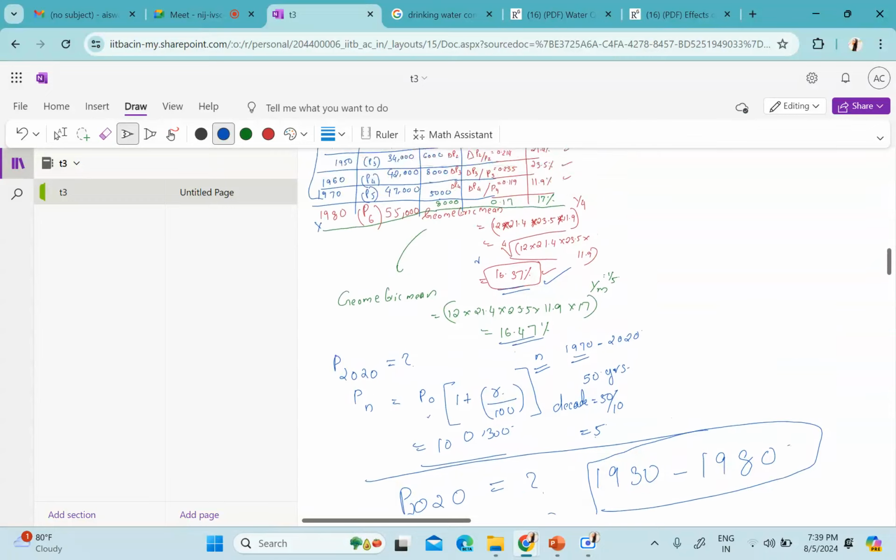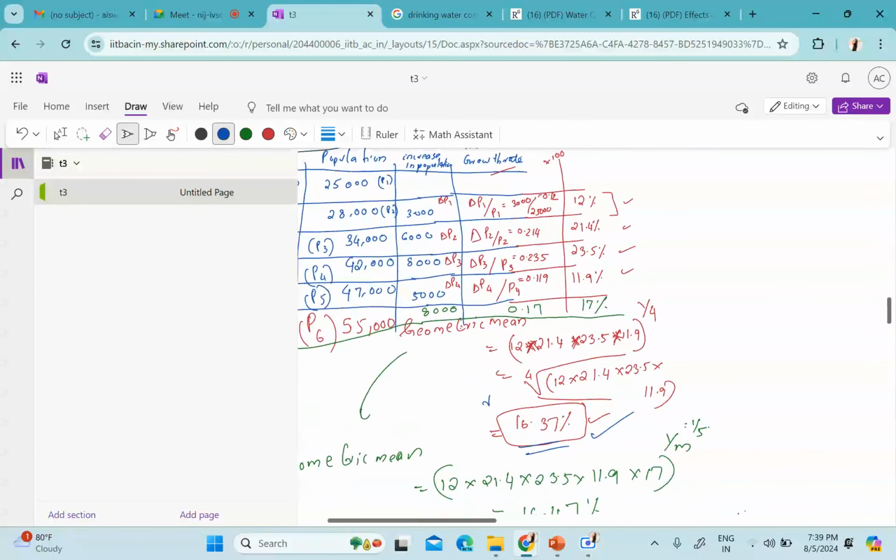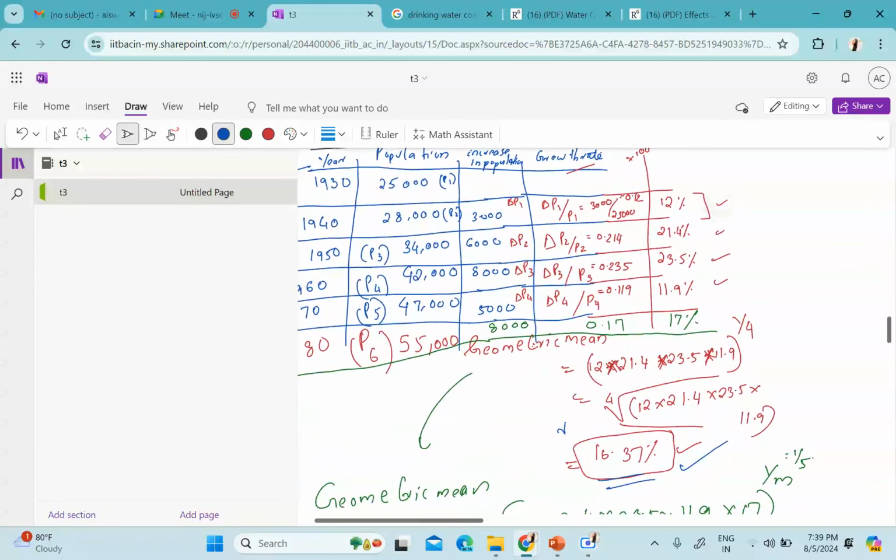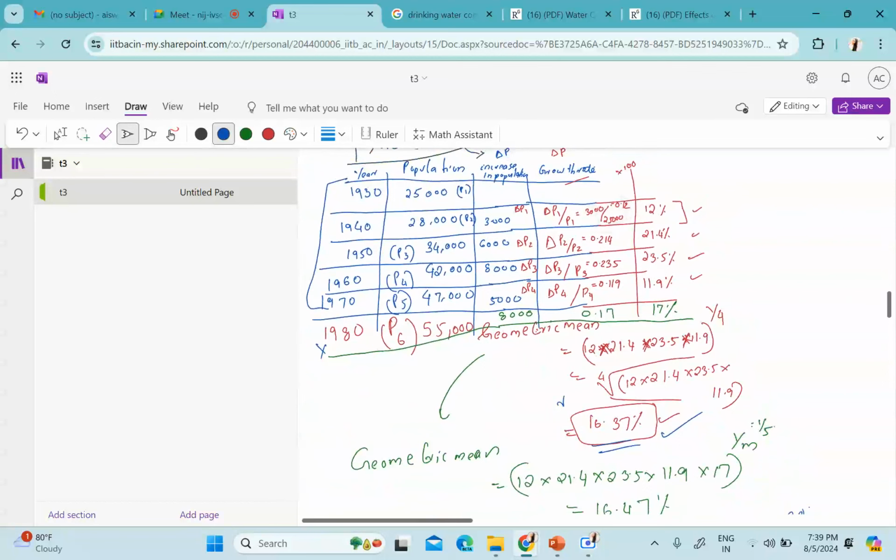Then you consider only these values. You don't need to consider the 1980 value. Only consider this value. R is equal to 16.37 percent. And you calculate the number of people at 2032.